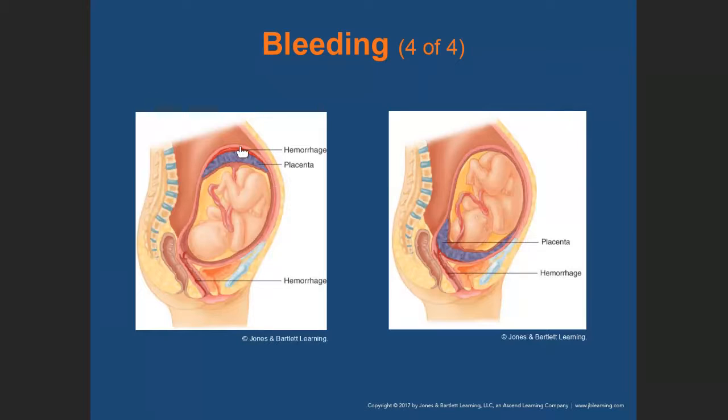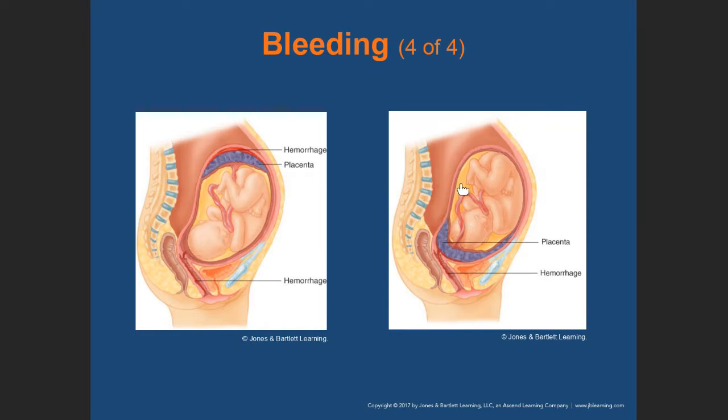So this would be placenta abruptia. And placenta abruptia is very common with trauma. So trauma is the most frequent cause of placenta abruptia. It's very painful, and they can lose a lot of blood from this issue.